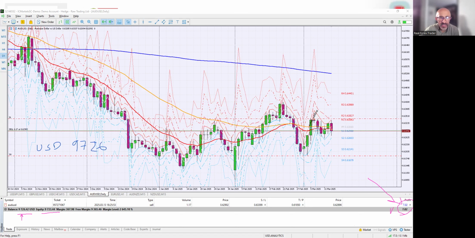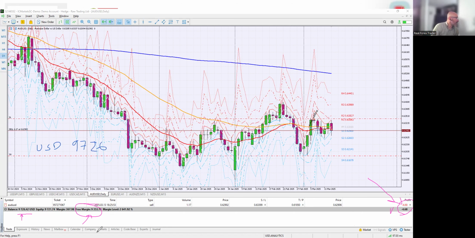Now, let's talk about free margin. The free margin is this number in here. What is the free margin? It is the amount of money available to open new trades or handle price movements in existing trades.